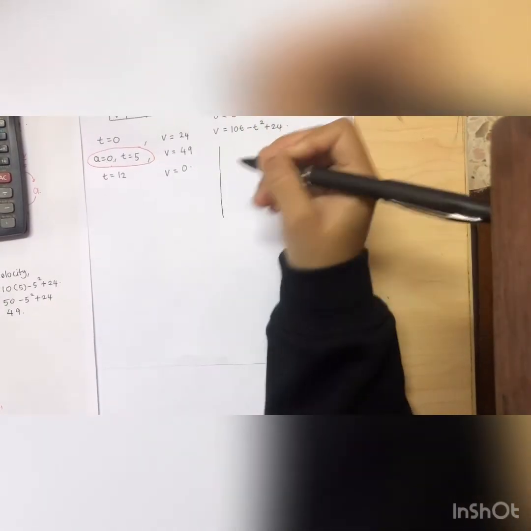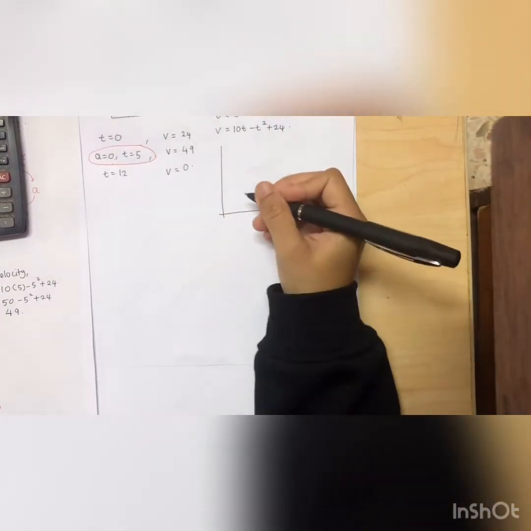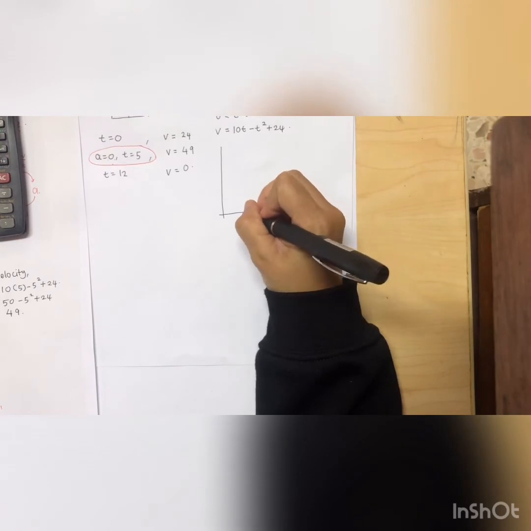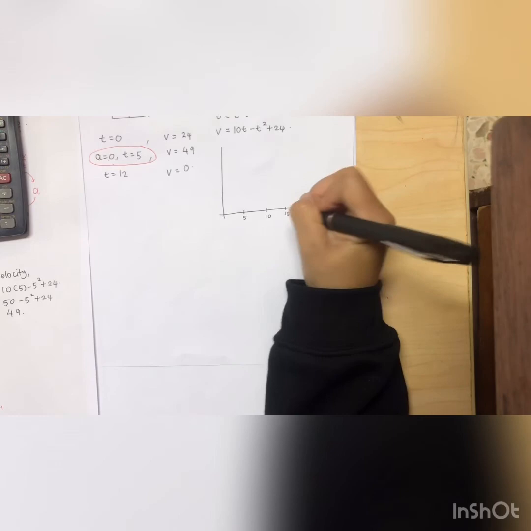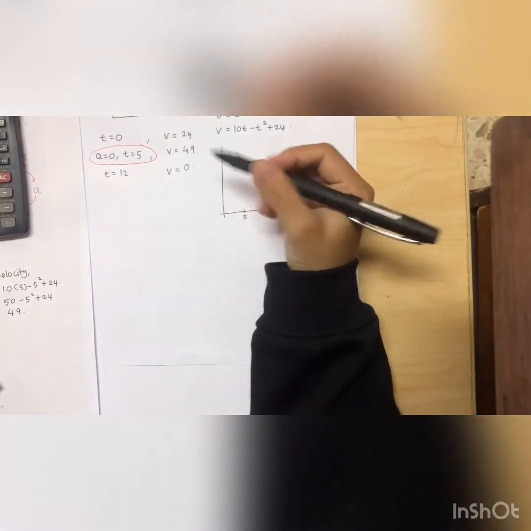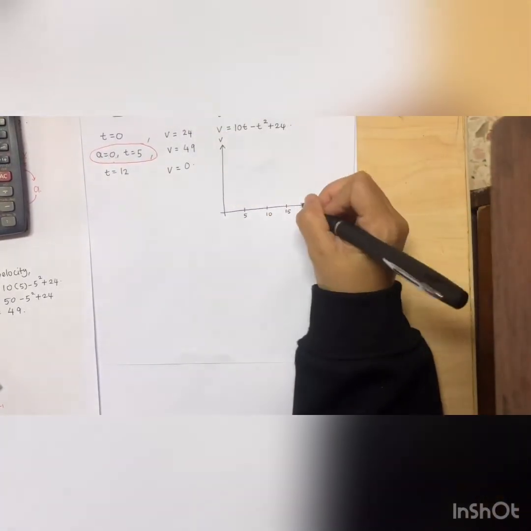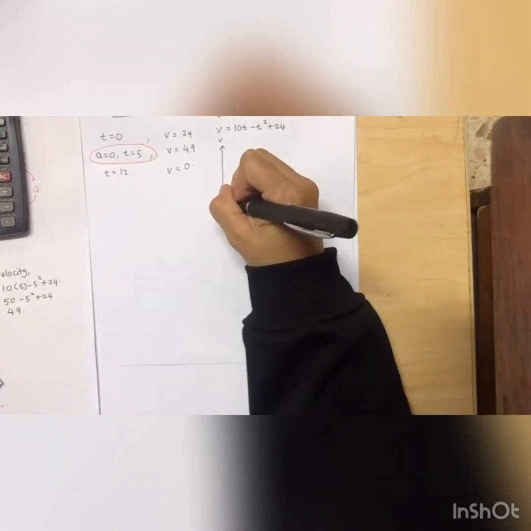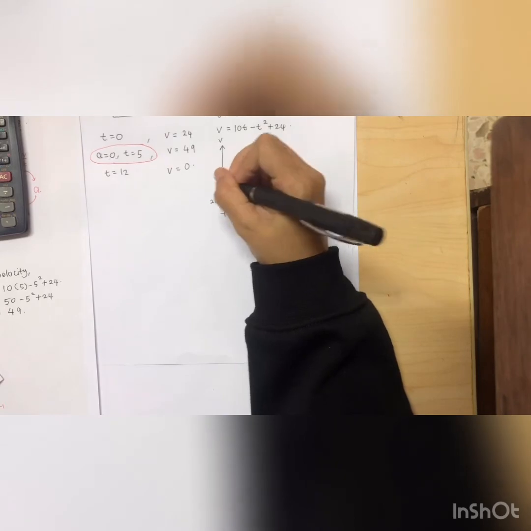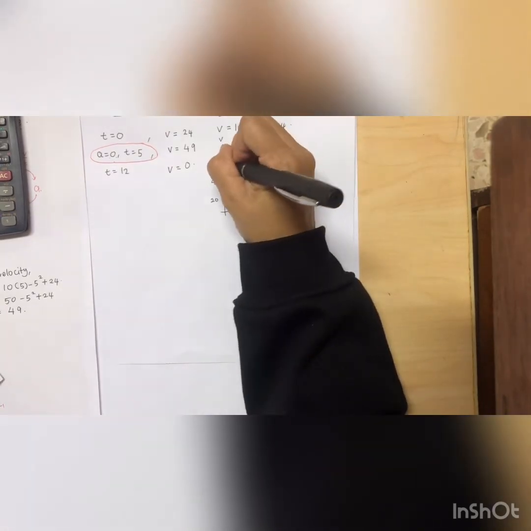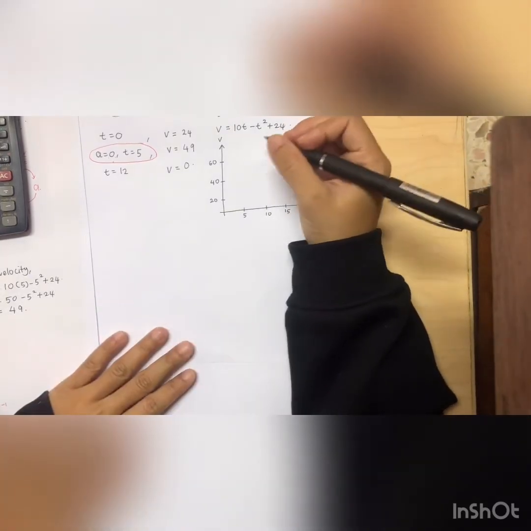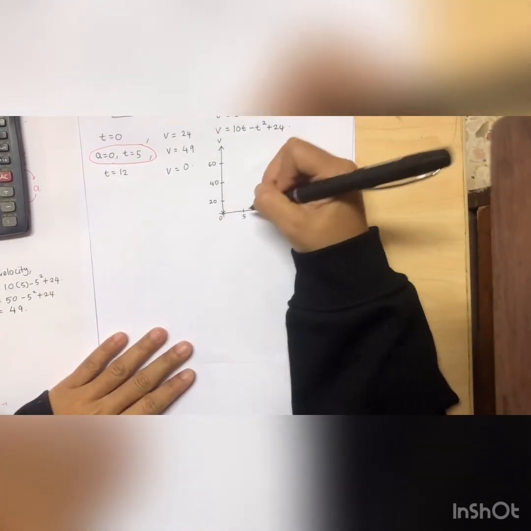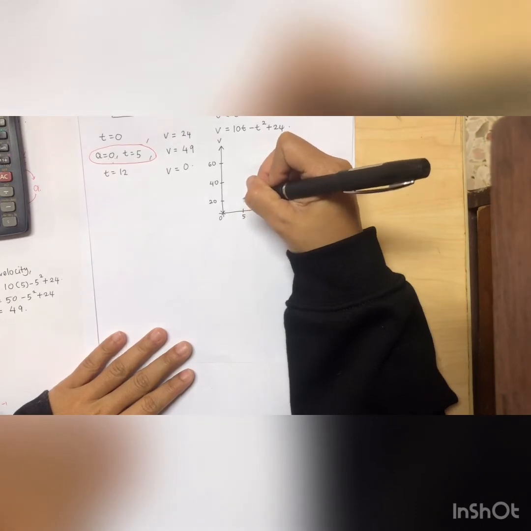So how do you sketch the graph? So here you go. You got 3 values. For t we have 5, 10, 15, and for v we have 20, 40, and 60.